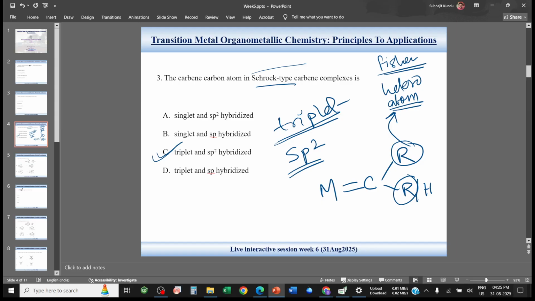Sir, could you please explain more about this triplet carbene? Like, there'll be a metal double bonded with the carbene atom because of the back bonding, am I right? Yes, triplet carbene.